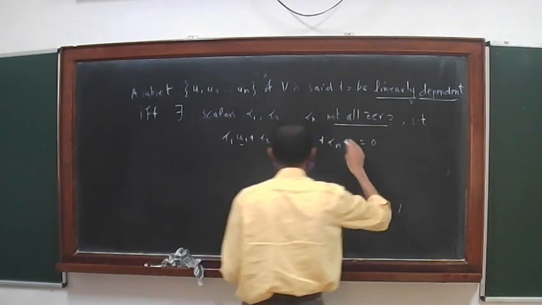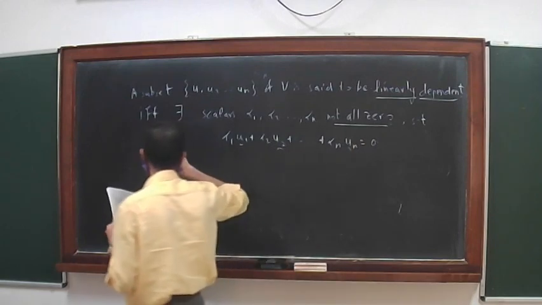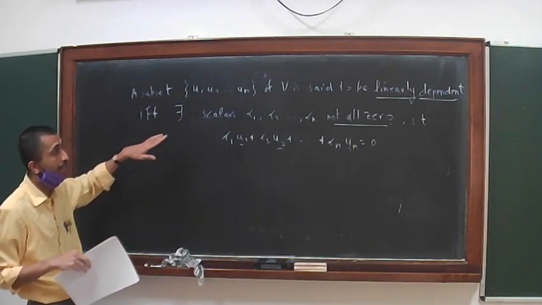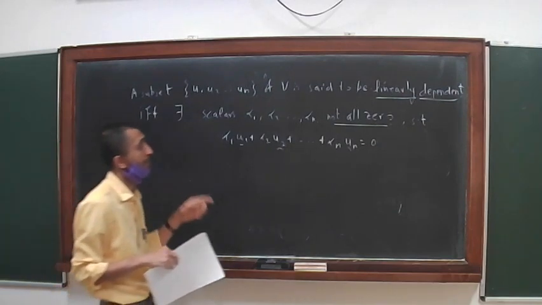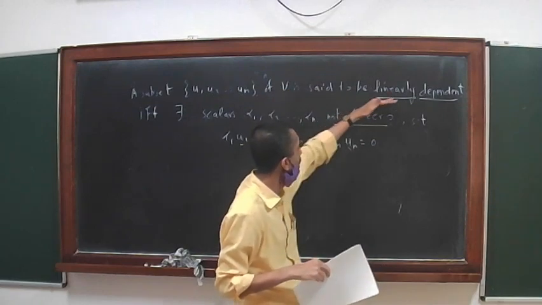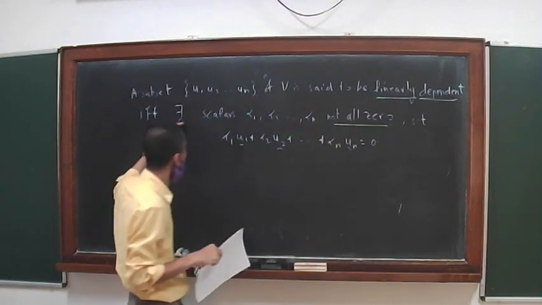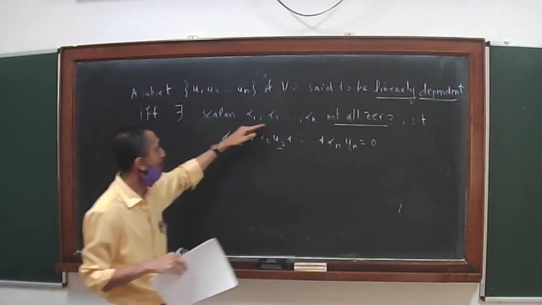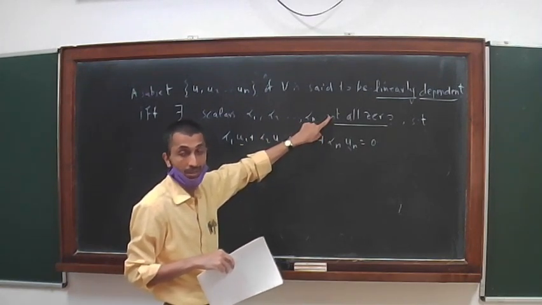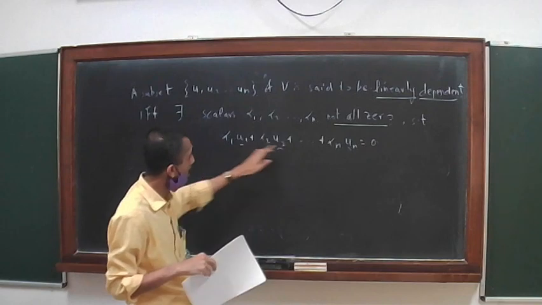You have to be very careful when you read these definitions. I have underlined some of the key terms here. First, this set is said to be linearly dependent if and only if there exist scalars alpha 1 up to alpha n, not all 0. That means some of them can be 0; it's not that all of them have to be non-zero.